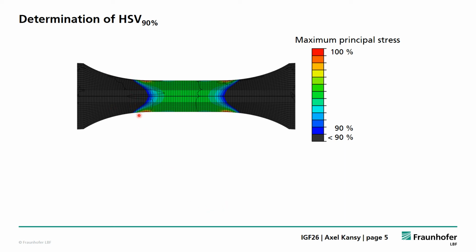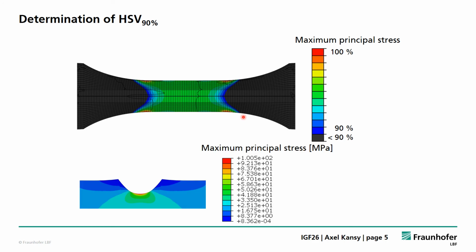This area here shows the highly stressed volume down to 90%, and the colors indicate the amount of stress. The black area defines areas with stresses below 90%.